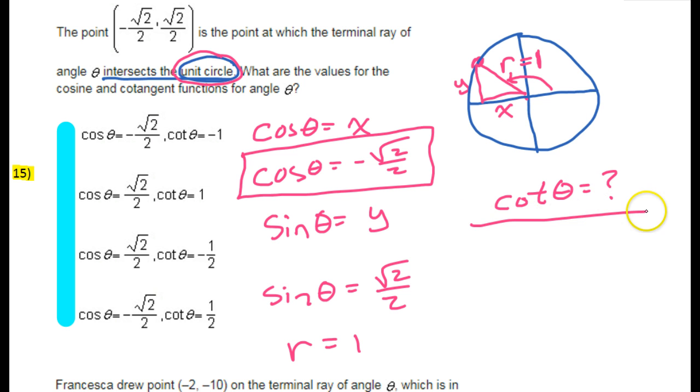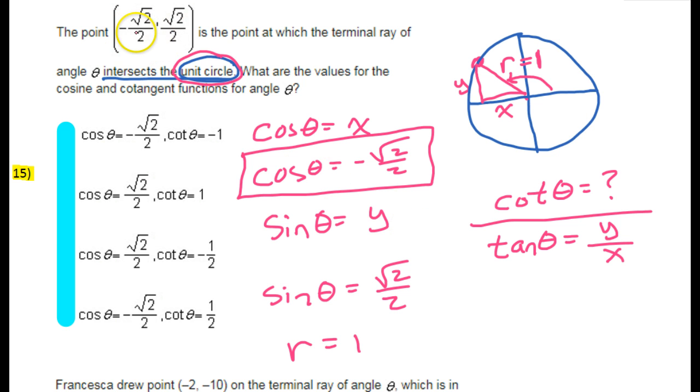Okay, well look, whenever they ask me for cotangent, I always start with tangent because I'm really familiar with tangent. And then I know these are reciprocals, so whatever I get for tangent, I'll just take the reciprocal. But I know that tangent is y over x. Okay, just memorize that, write that down.